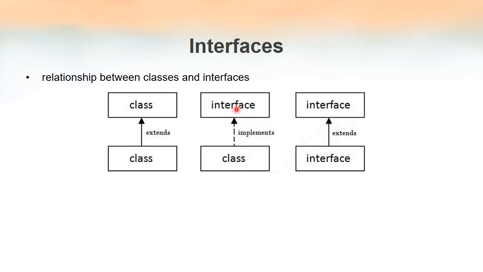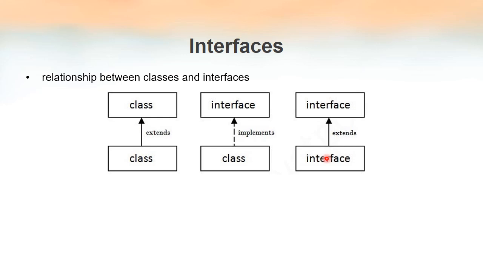That means the class implements this interface. Implements means the class is responsible for giving the body, the implementation details, of all the abstract methods inside this interface. And as you can see, the relationship between two interfaces is that one interface extends another interface.